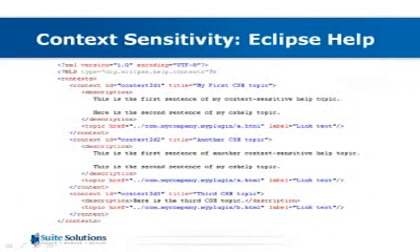In Eclipse help, it's not as complicated. Okay? Along with your Eclipse help, you have your plugin.xml, which points to a table of contents. It points to an index, and optionally can point to a context file, where each context ID, you give it a description.